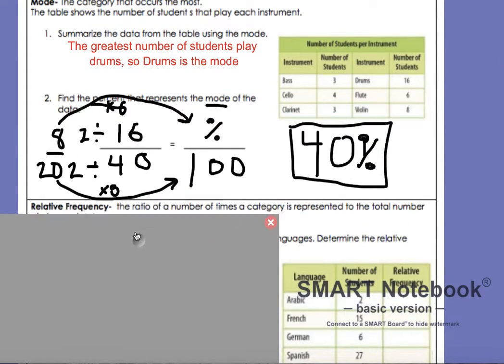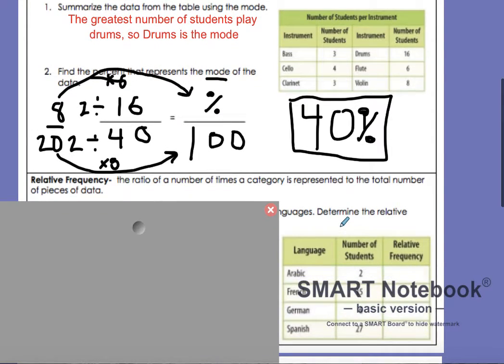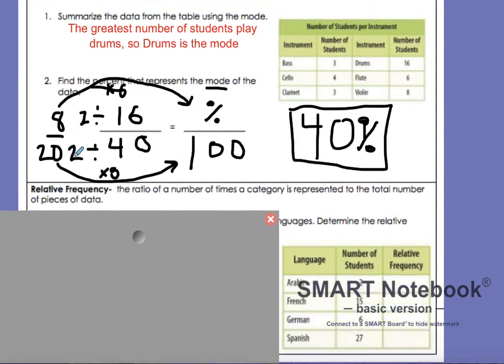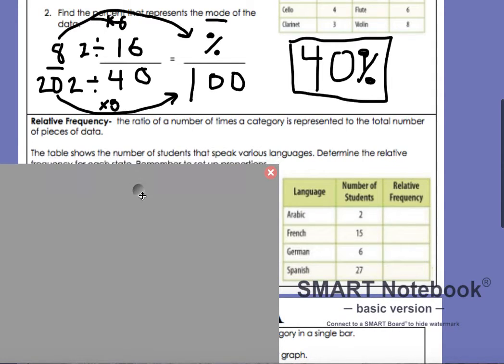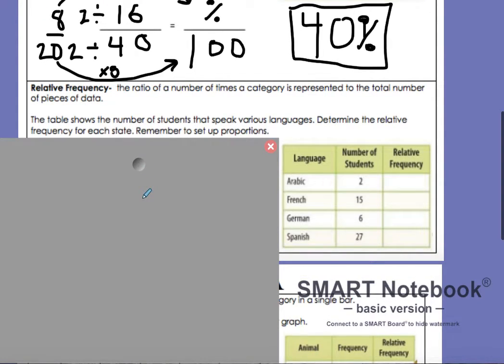The next thing we're going to talk about is relative frequency. So relative frequency is the ratio of a number of times a category is represented to the total number of pieces of data. So kind of like what we did for number 2 on mode. It says the table shows the number of students that speak various languages.